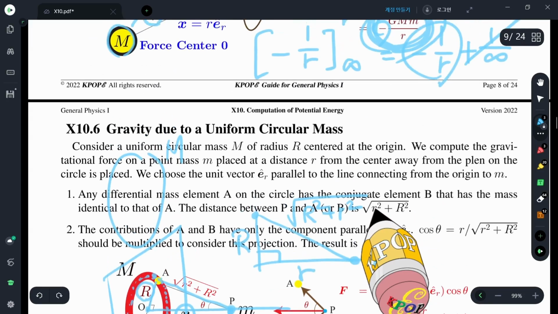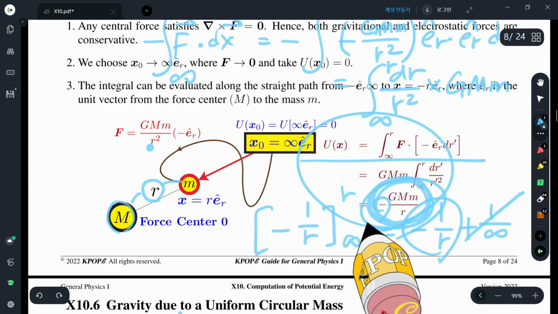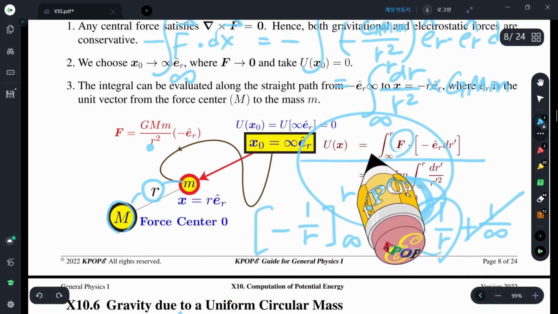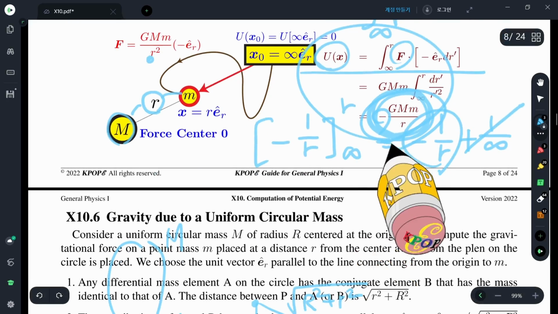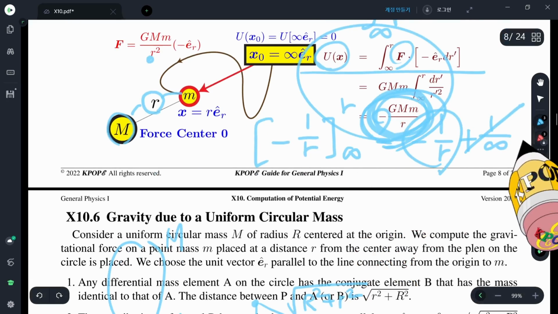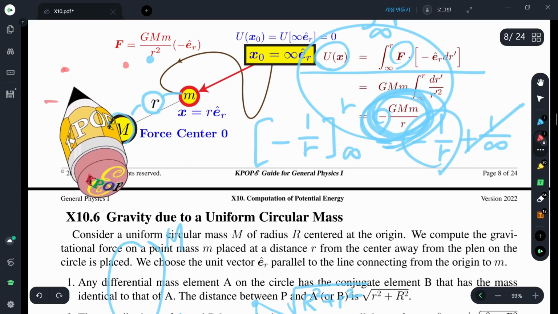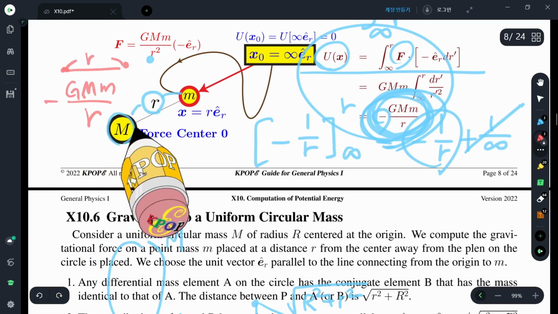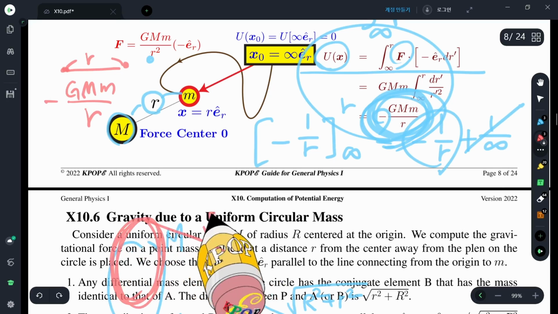Therefore, even before we calculate, we can make use of the potential energy, because potential energy, as well as force, is additive. The potential energy of a point particle is minus GMm over the distance, and now all of the mass distribution has the distance square root of R squared plus r squared.